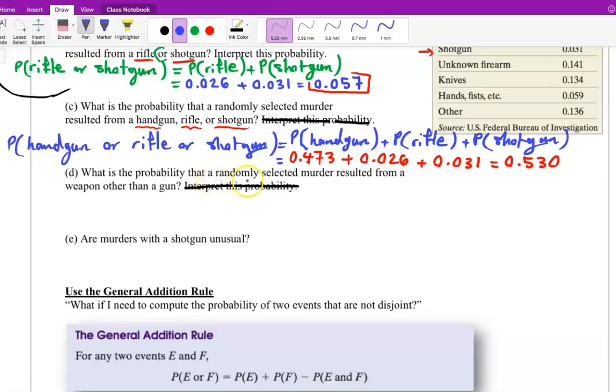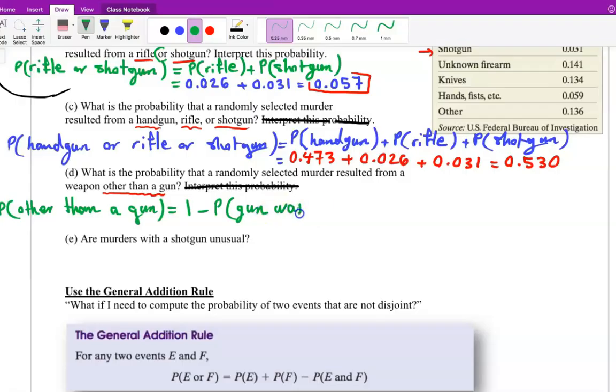Now what is the probability that a randomly selected murder resulted from a weapon other than a gun? How we can find that is: probability of other than gun is equal to 1 minus probability of gun was used.